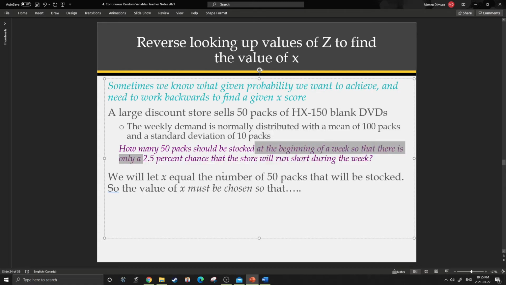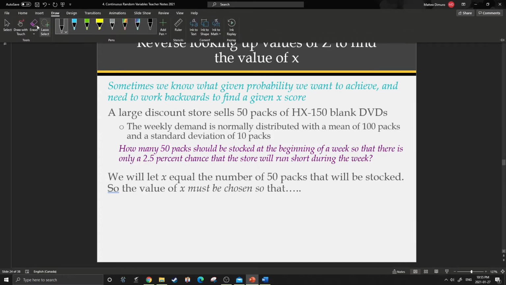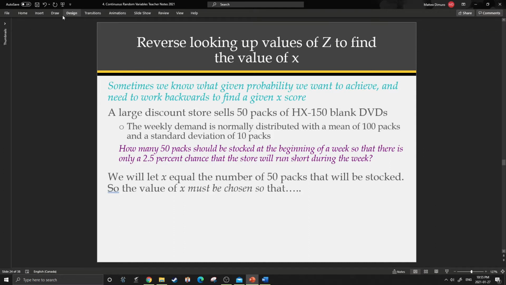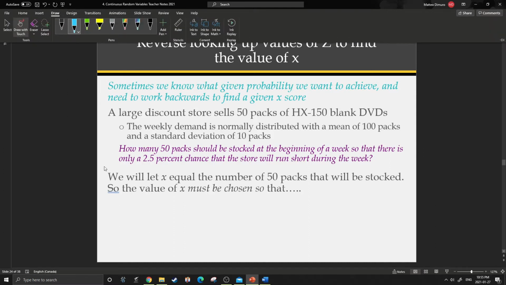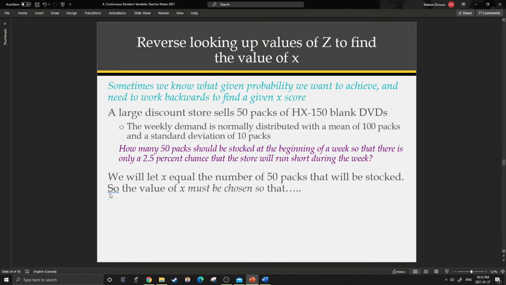We will let x equal the number of 50 packs that will be stocked. So the x value must be chosen so that, well, let's do some thinking here. What do we need to do? Let's go back to my blue. So what do we need? Well, we need the probability that the z-score is actually greater than some given number, right?